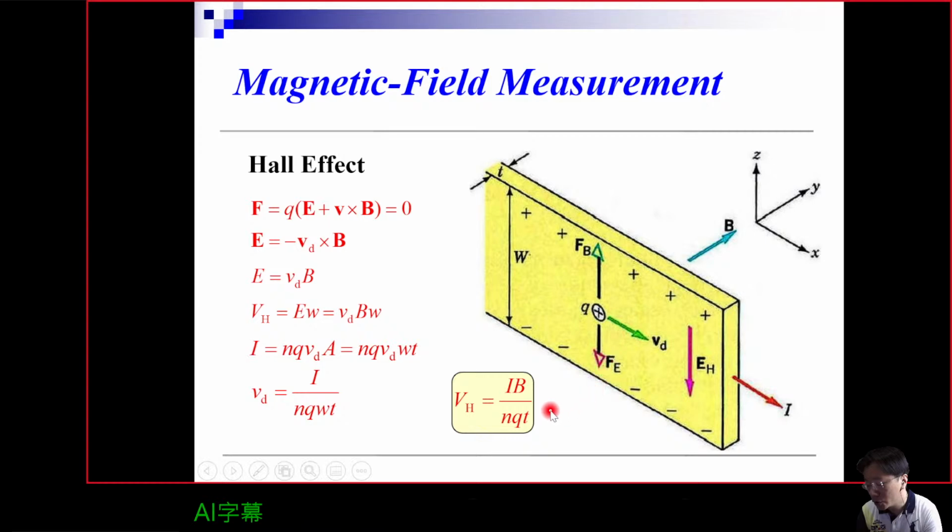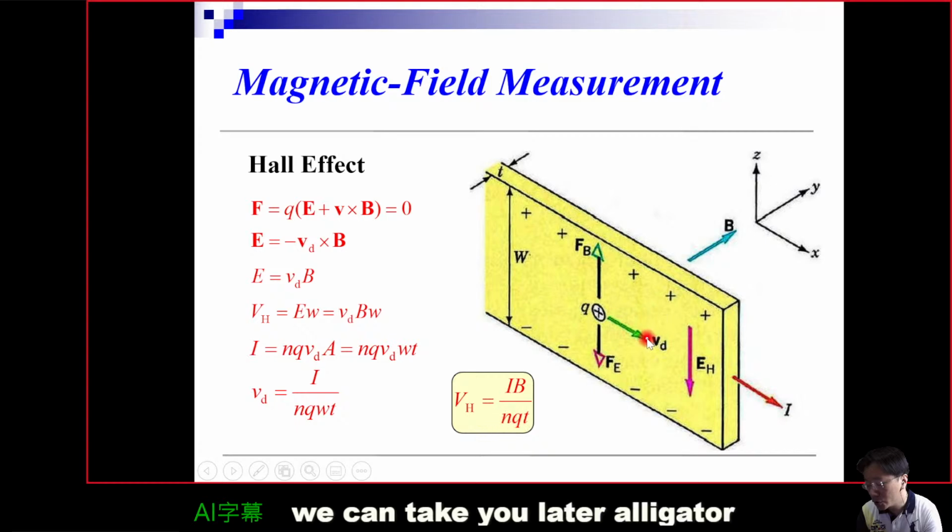So we know the thickness of this thin plate, and we also know the charge of a single electron, which is 1.6 times 10 to the minus 19 coulomb. And we can calculate the electron density, or carrier density, in here.